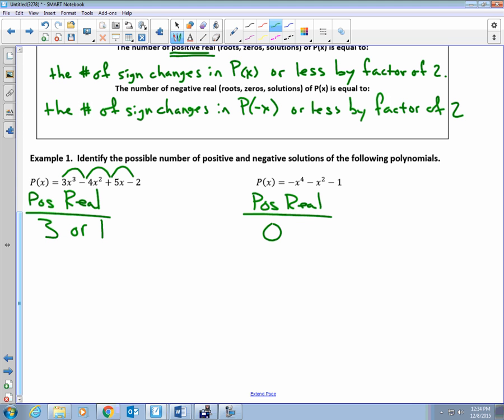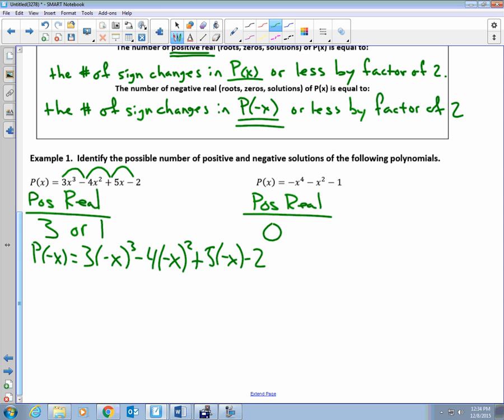The number of negative real roots, I have to first find not p of x, but p of negative x. What does it mean to find p of negative x? Well, I get negative x for x. So p of negative x is equal to 3 times negative x to the 3rd minus 4 times negative x squared plus 5 times negative x minus 2.